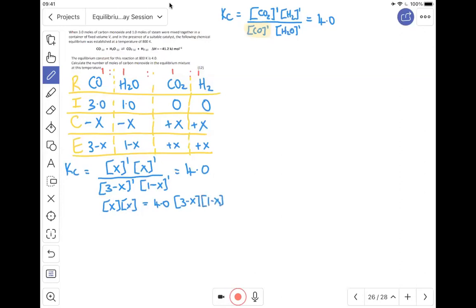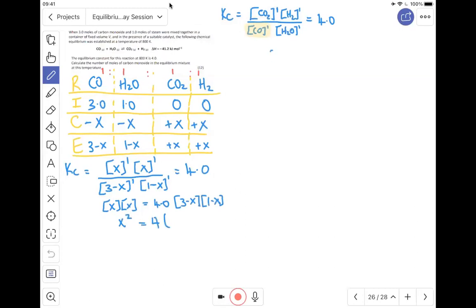Just ignore the powers there because they're all to the power of 1. So now we need to do some multiplication on this. The first little piece is easy. X by X is X squared, and that's going to be equal to 4 multiplied into something. So I need to do some multiplication now on my 3 minus X and 1 minus X.